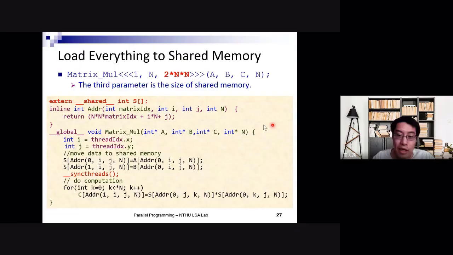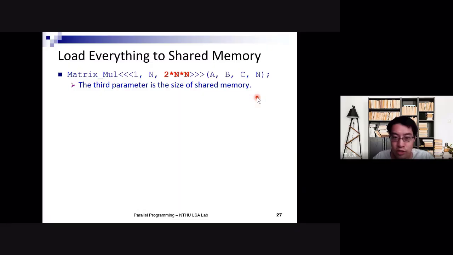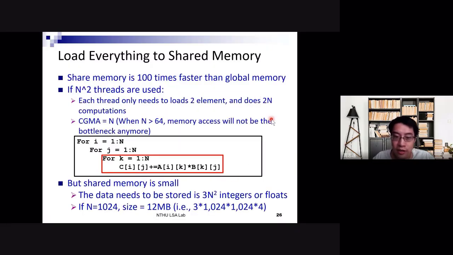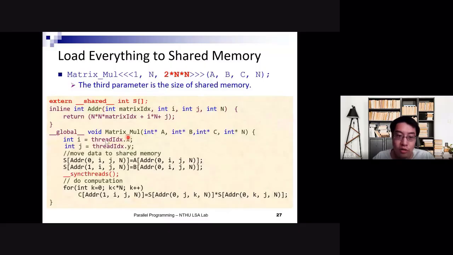And by the way, this shows the complete pseudocode for the solution we just discussed. As we just pointed out, A, B, and C are on global memory. We need to create a shared memory and move the global memory to the shared memory, and then replace A, B, and C with the shared memory address over here.